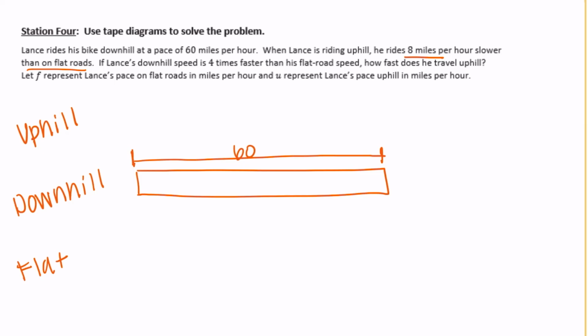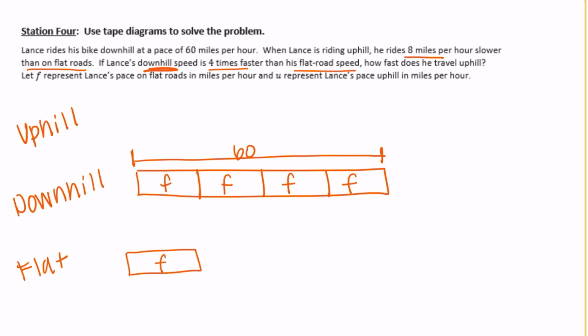His downhill speed is 4 times faster than his flat road speed. So we don't know much about his flat road speed, so we're just going to make this flat road. But we know that downhill is 4 times faster than his flat road. So downhill is 4F.